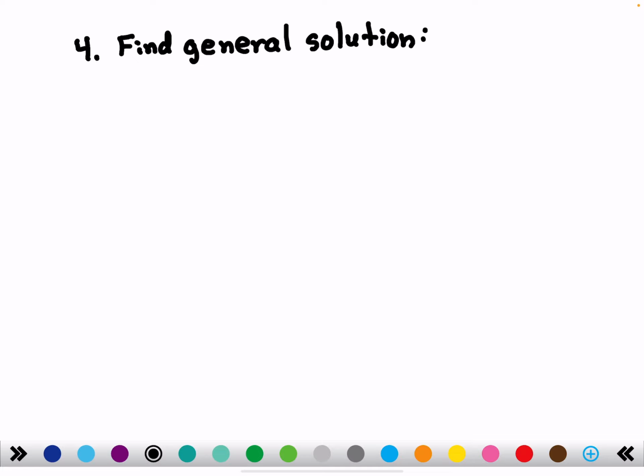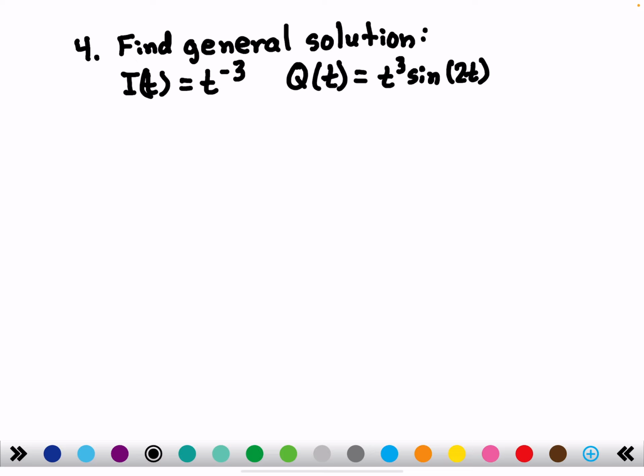Number 4, find the general solution. From step 2 and step 3, we found that I sub t equals t to the negative third power, and q sub t equals t cubed sine of 2t minus t squared plus 4t cubed.